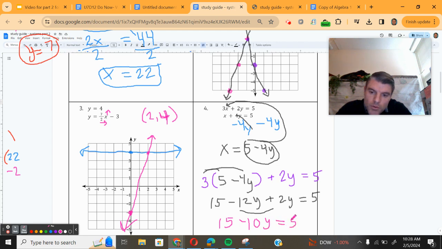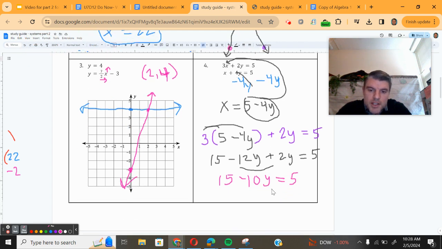And then we're going to have to subtract 15 on both sides. Negative 10y equals negative 10.